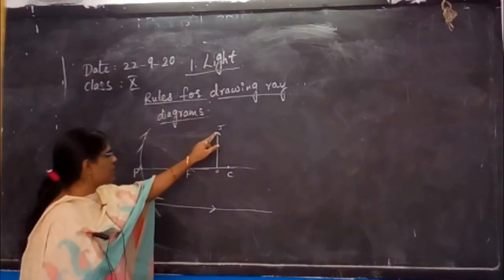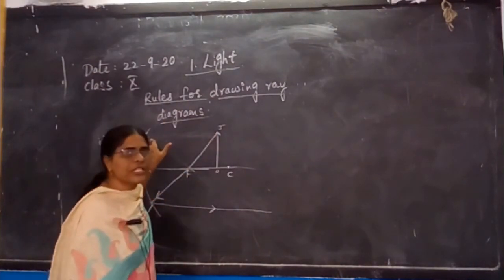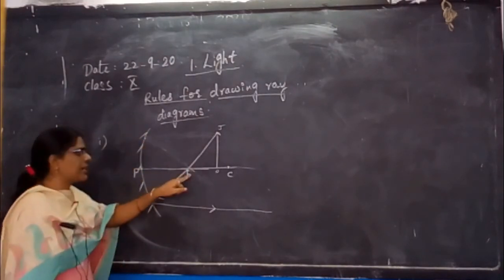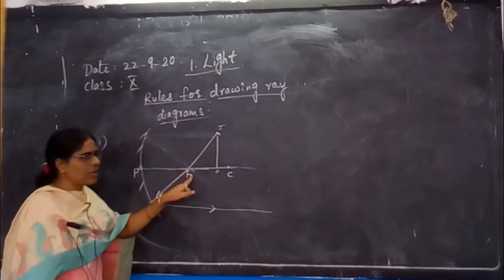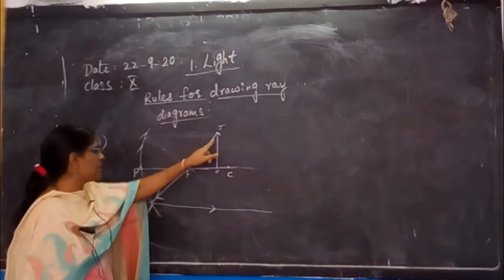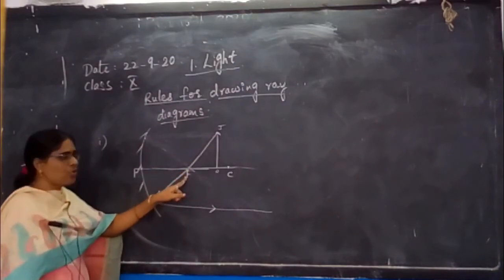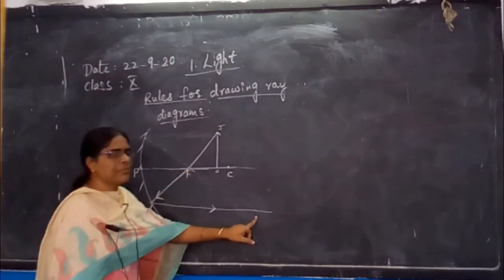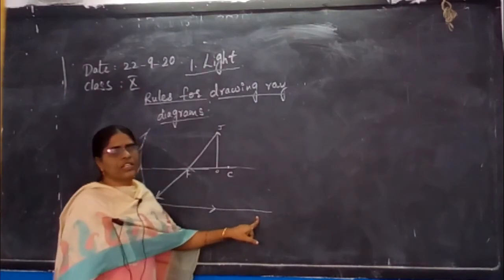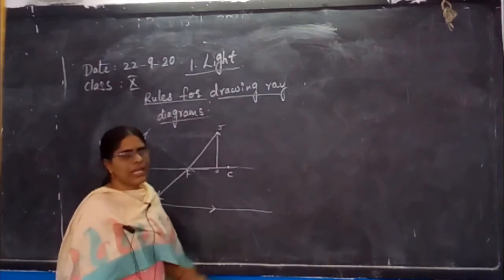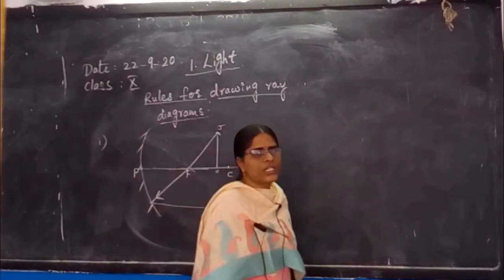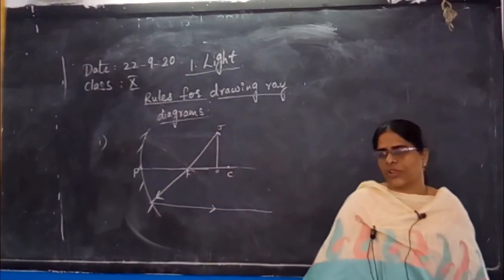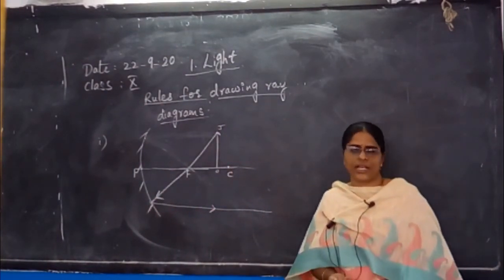The first case, if it is parallel to the principal axis, the reflected ray should pass through the focus. Second case, if it is passing through the focus, the reflected ray must be parallel to the principal axis. Still, two more rules are there. We will discuss them in the next class.